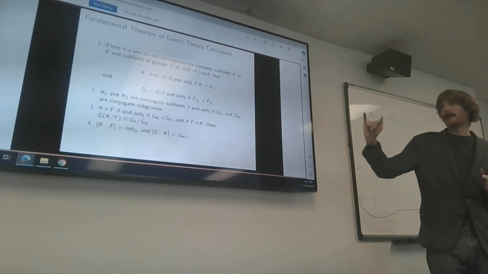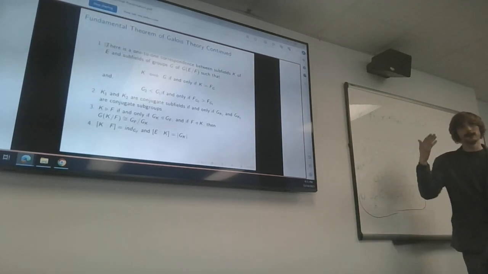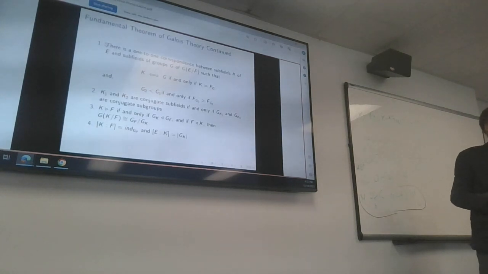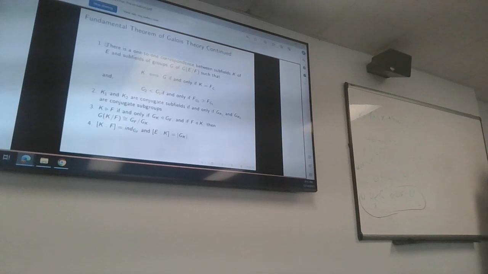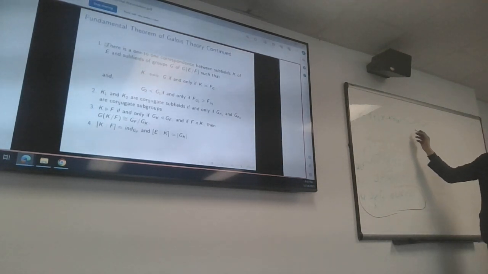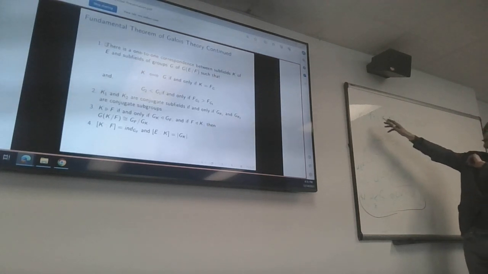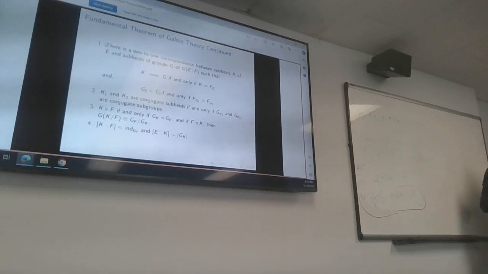And then also the dimension of E over K is equal to the number of elements in our group fixing K. So E is like our splitting field, remember, so it's the field that makes all of these roots possible to put into this form here.